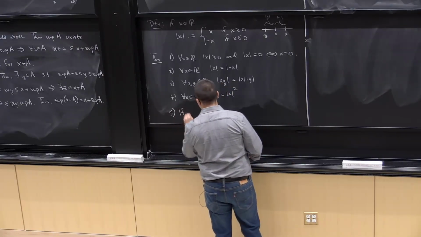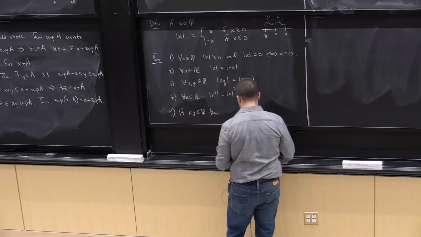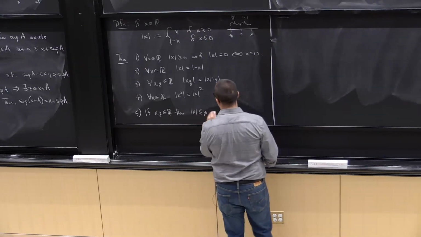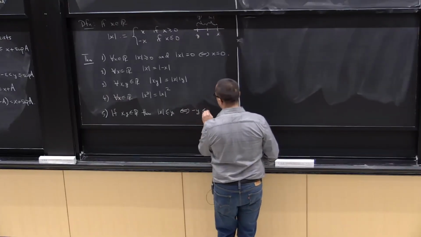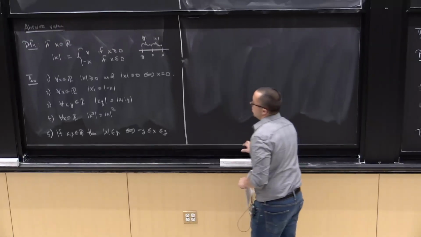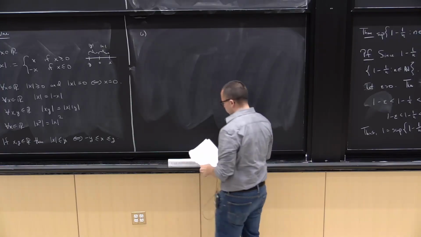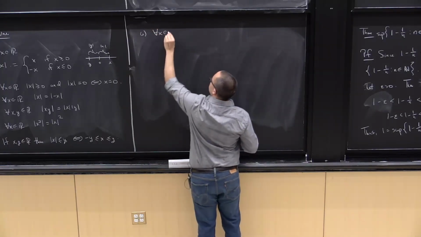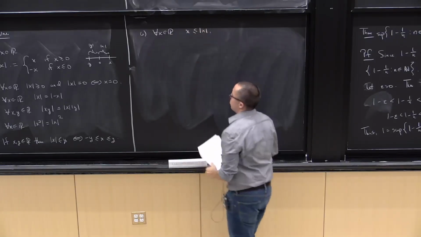The fifth property is if x and y are in R, then the absolute value of x is less than or equal to y if and only if minus y is less than or equal to x is less than or equal to y. And the sixth property that we'll prove is that for all x in R, x is less than or equal to its absolute value.